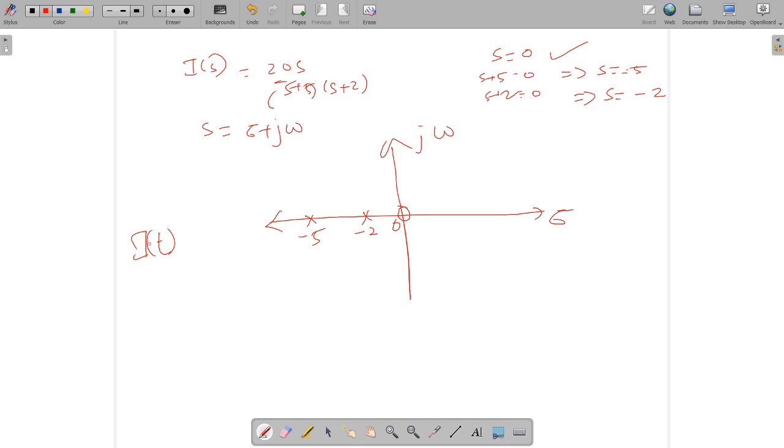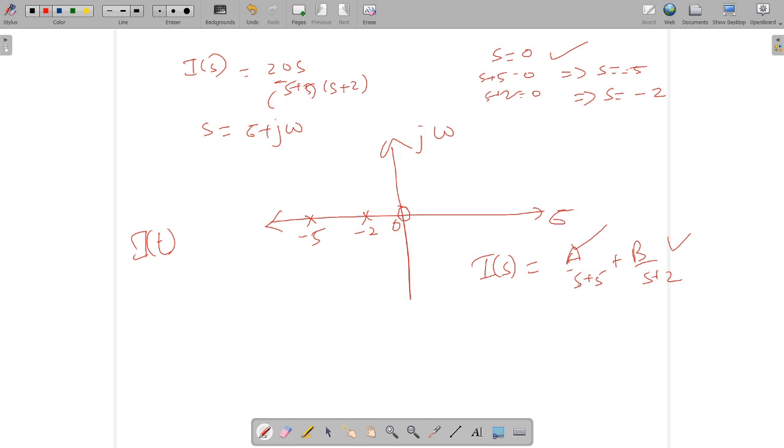In this case, you will split I of s into two parts, as we have only two poles. By the partial fraction method, I of s will be equal to A upon s plus 5 plus B upon s plus 2. So you have the first coefficient A and the second coefficient B.